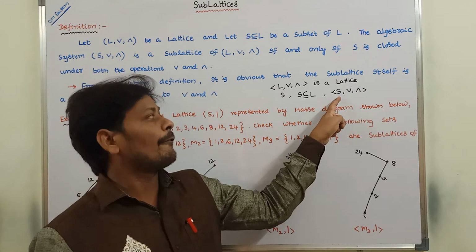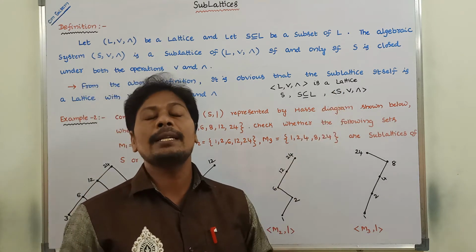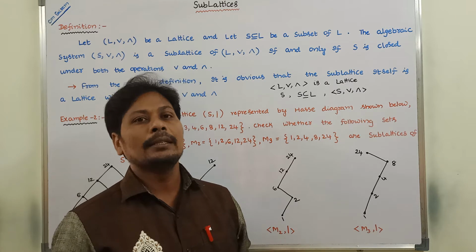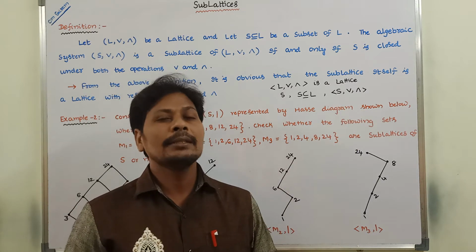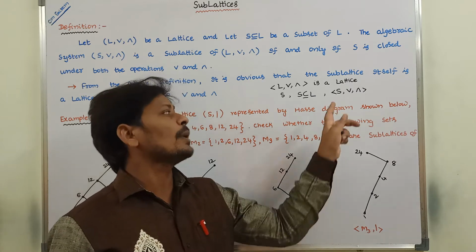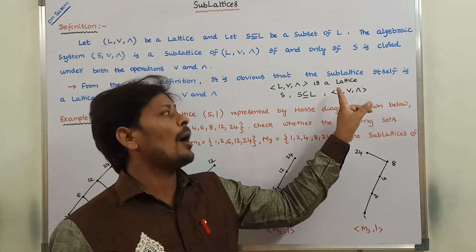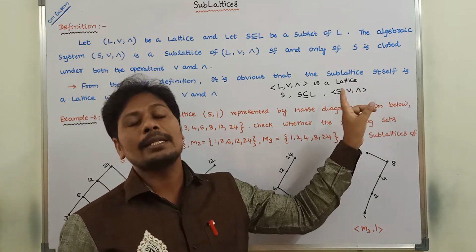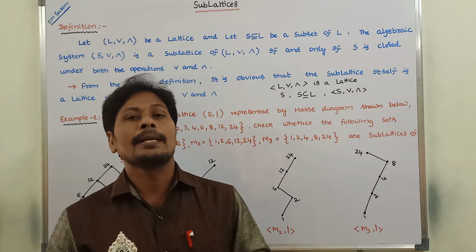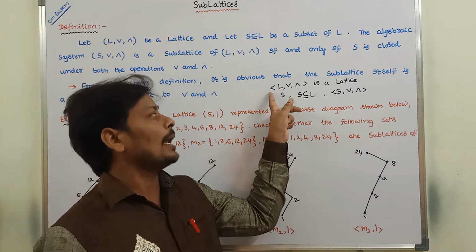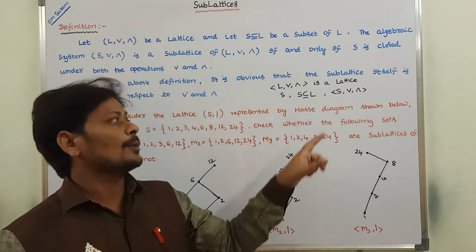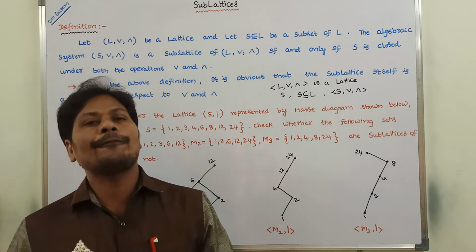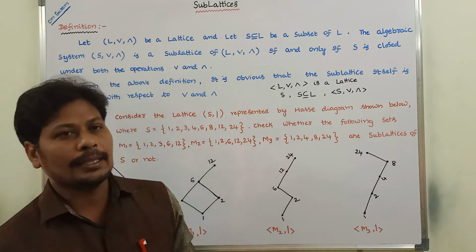That means for every pair of elements, it satisfies both LUB and GLB. Hence, S, join, meet is said to be a sublattice of L, join, meet. So this is the definition of sublattice.